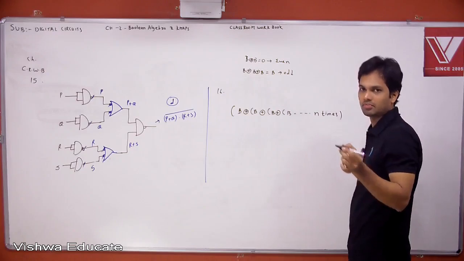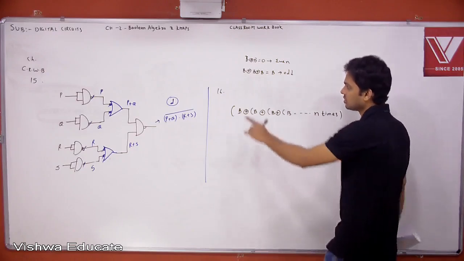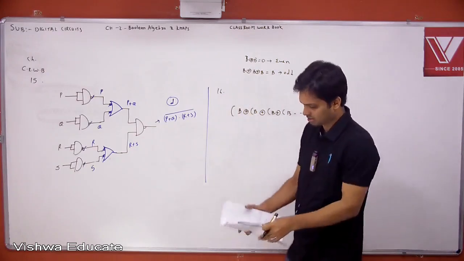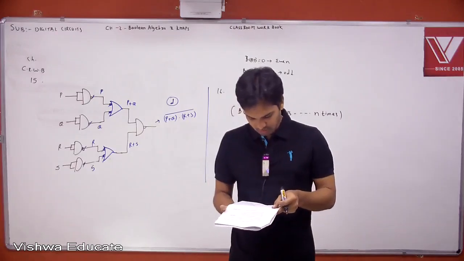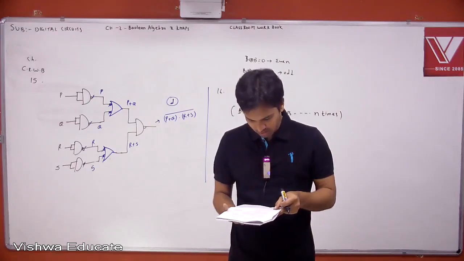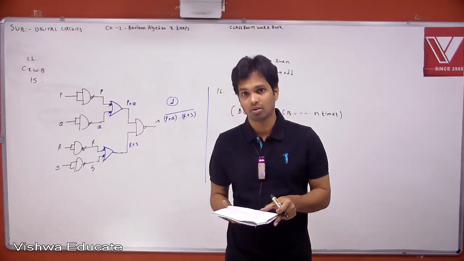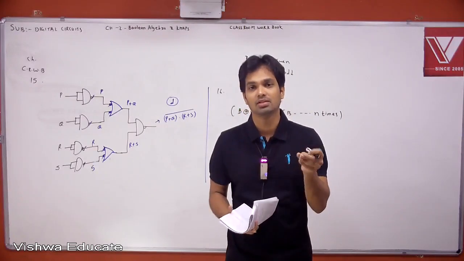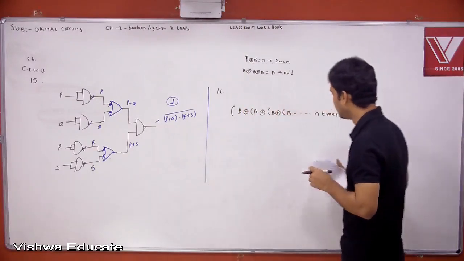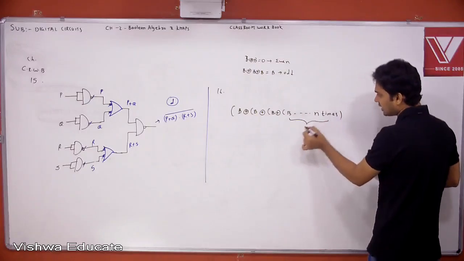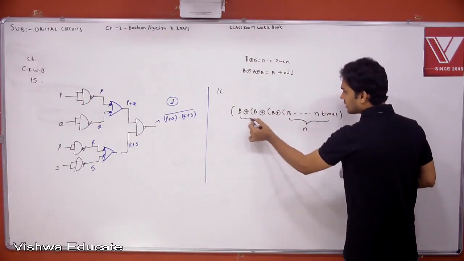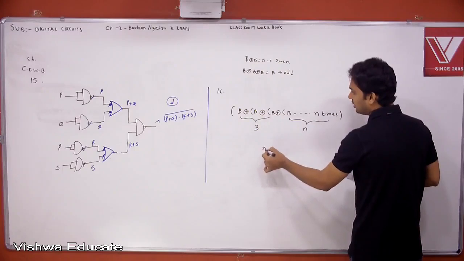We know this when we discussed the XOR gate. In the question number 16, now read it. What happens when the bit string is XORed with itself n number of times as shown, not regularly n number of times, it is as shown in the equation. Here you observe, this is n times. Here extra how many? 3. Total how many? N plus 3 times.